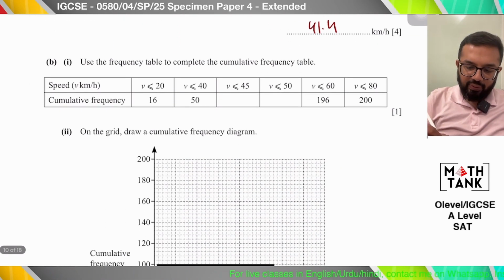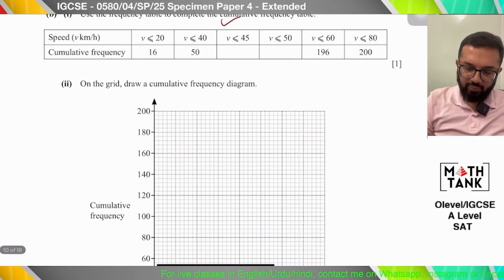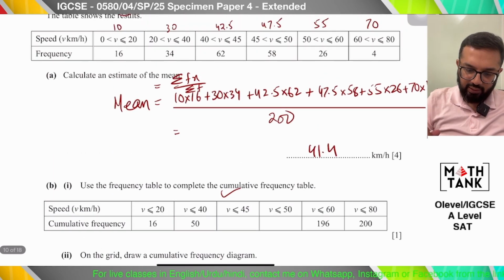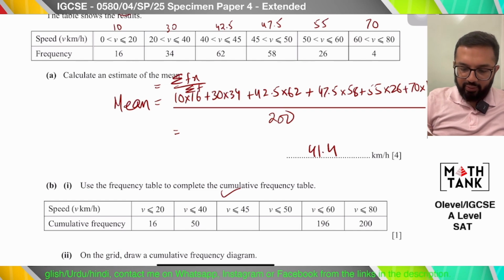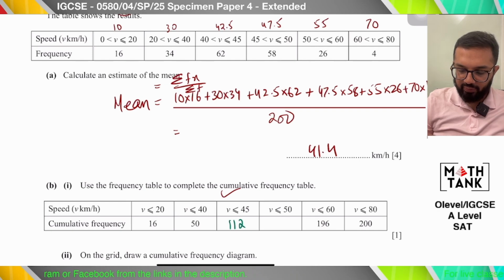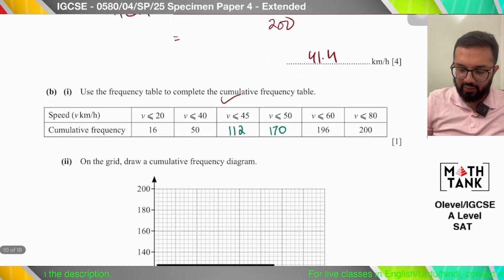Then it says use a frequency table to compare the cumulative frequency diagrams. I'm going to have to first calculate the cumulative frequencies. So 50 plus 62 will give me 112. 112 plus 58 gives me 170. And then 196 and 200.